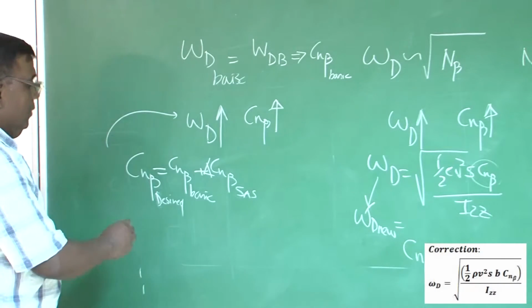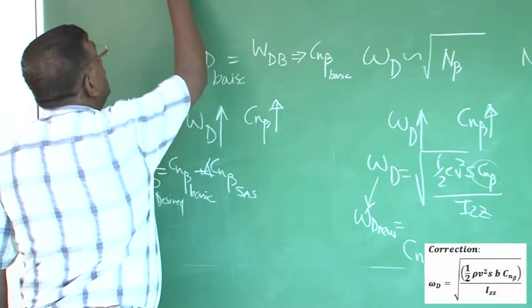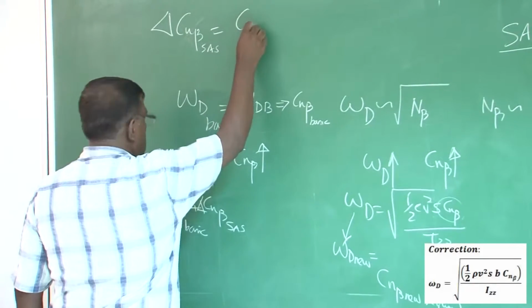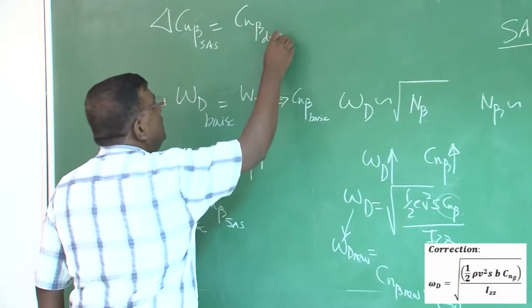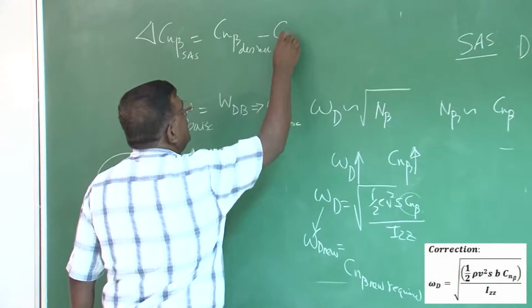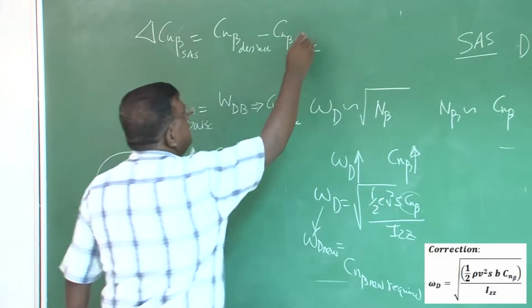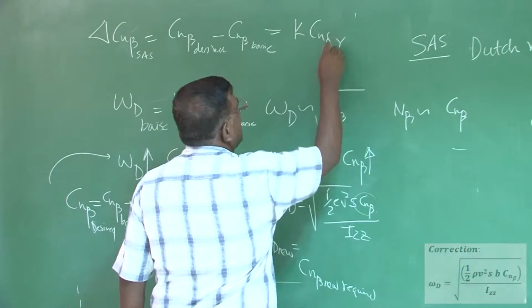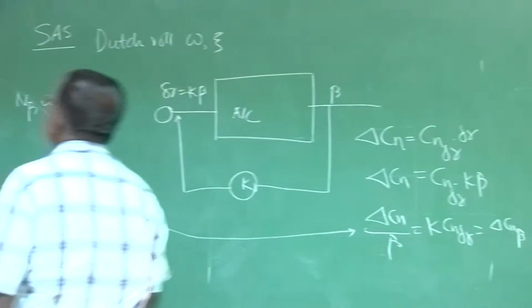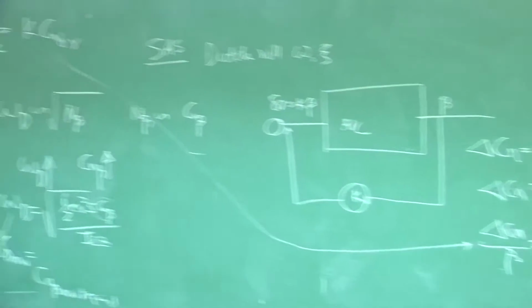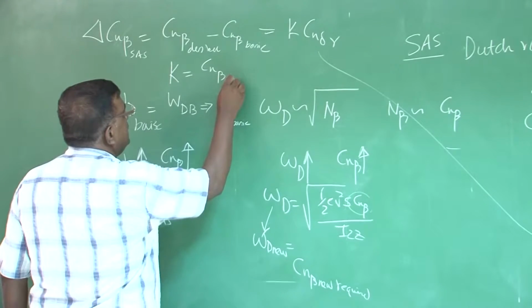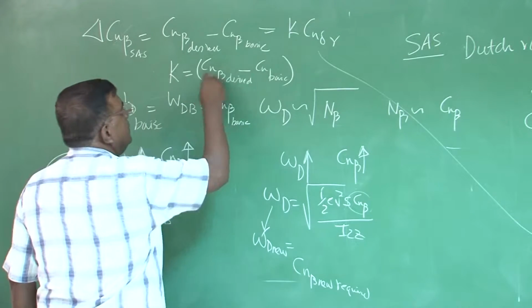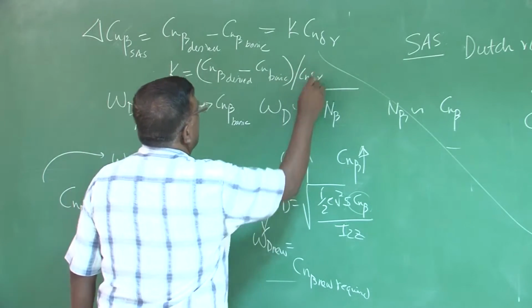Right? So now I know that delta Cn beta SAS should be equal to Cn beta desired minus Cn beta basic, and this is equal to k Cn delta r. It has come from here, right? So I can easily find out that k is Cn beta desired or required minus Cn beta basic, divided by Cn delta r.